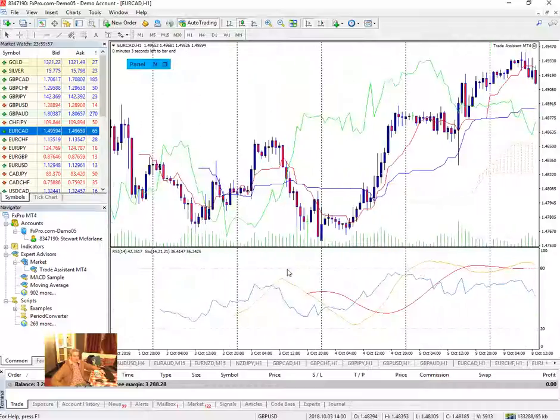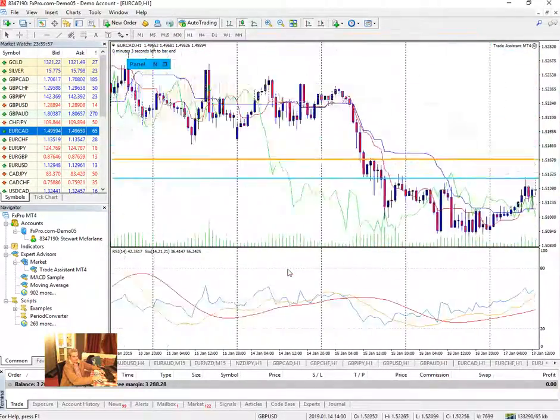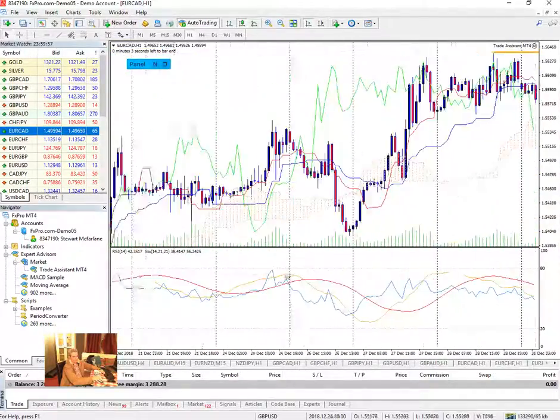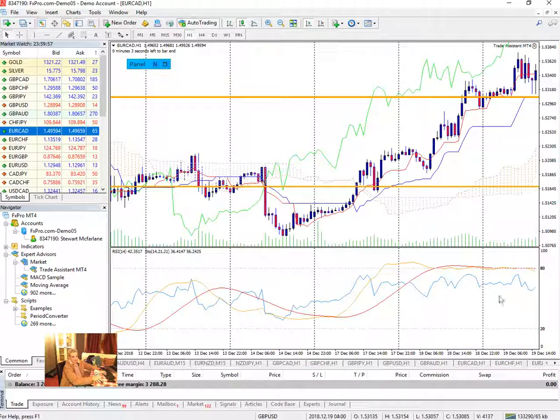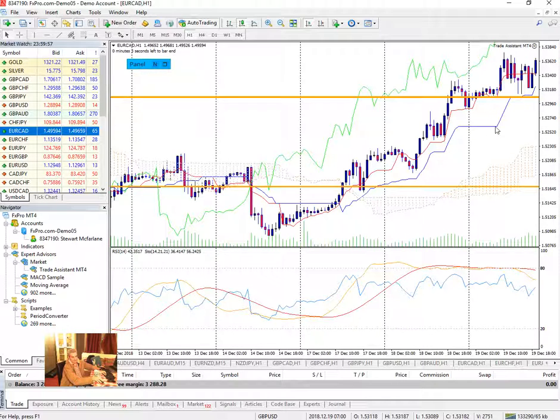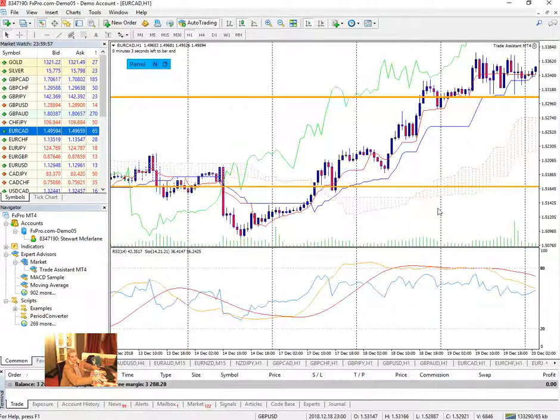From Stochastic. So quite a lot of leveling up there. Still not pointing down. It's going to be a difficult one to go into. Back there, they're now pointing in the right direction, but it's not convincing.